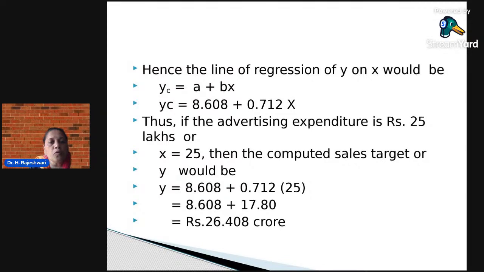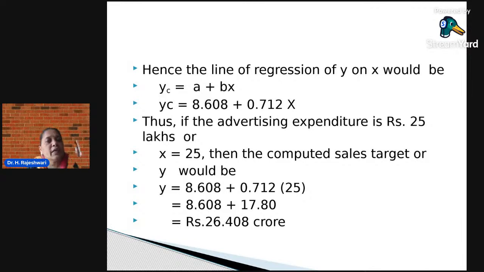Now you know the a value and b value, you can find out the line of regression. The line of regression is y equal to a plus bx. The a value we have found is 8.608 and the b value is 0.712. Substitute that and you'll get the line of regression. In the examination, they may ask you to find the regression equation. So this is the regression equation.